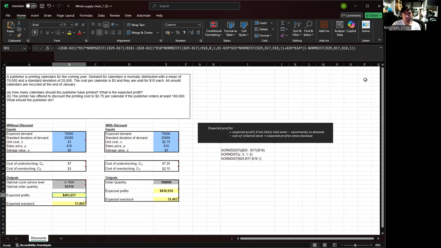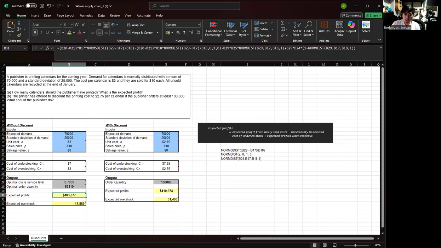You never know whether the demand of the business will be stable or not, as well as the cost of the ordered stock, whether it is enough to fulfill the demand, and finally the expected profits given the chance that it is stock out.